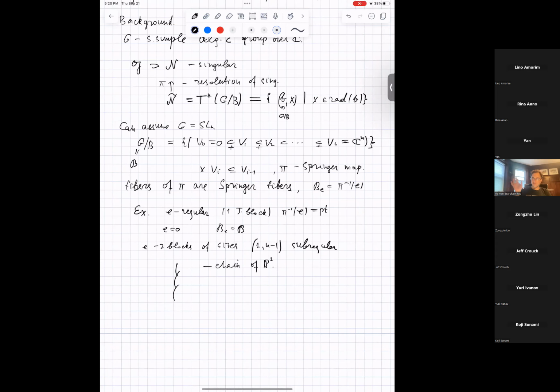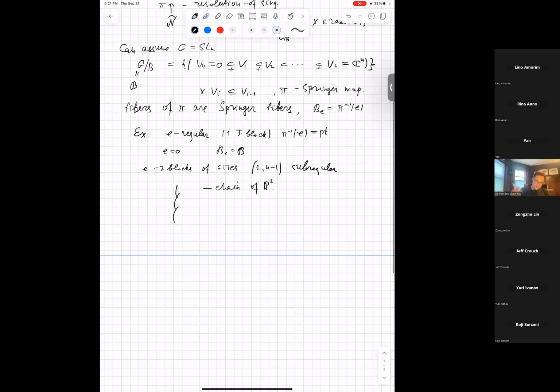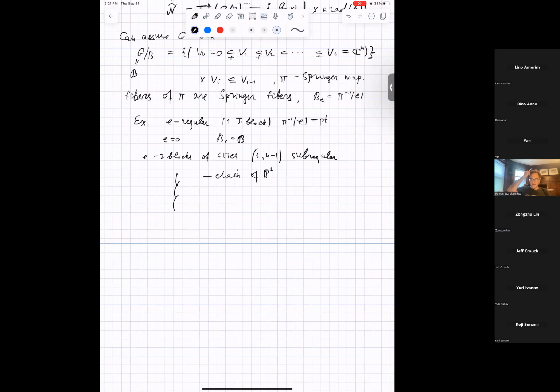You can fix all elements in the flag but one, and then the freedom that's left for you is that you can choose this one vector space, but it's stuck between V_{i-1} and V_{i+1}, which are fixed. So you have P1 worth of choices. This is how they intersect. Okay, this is all pretty nice and easy.